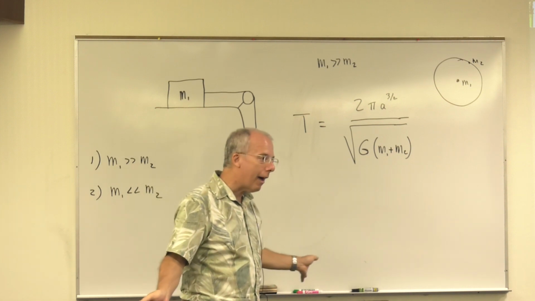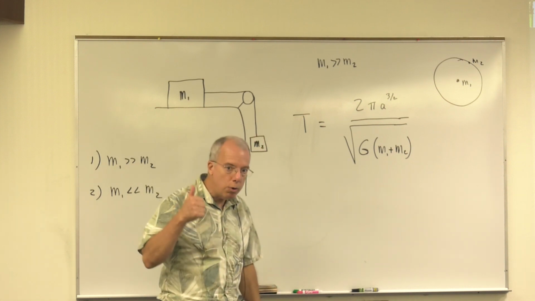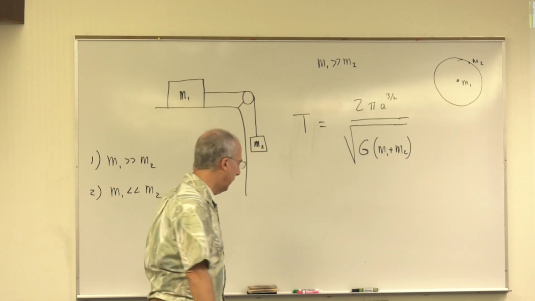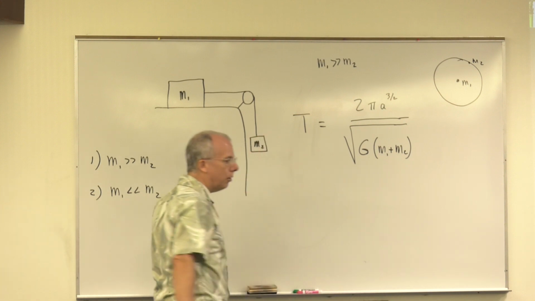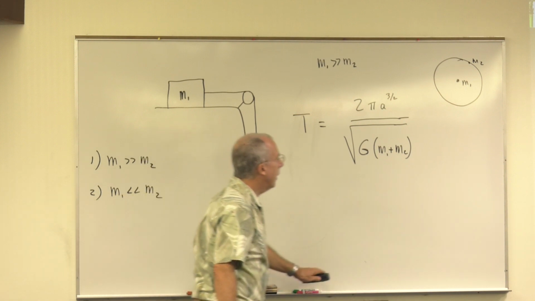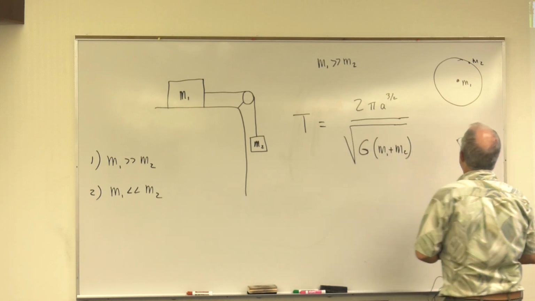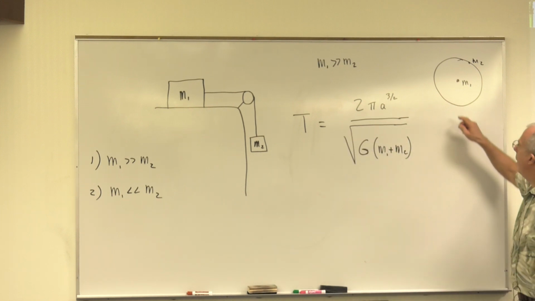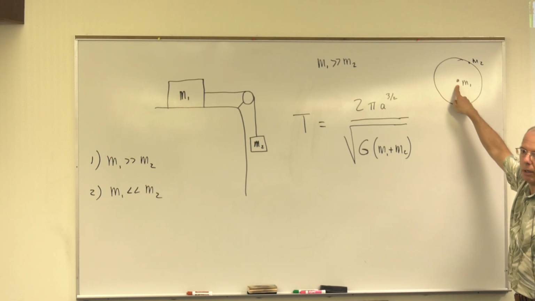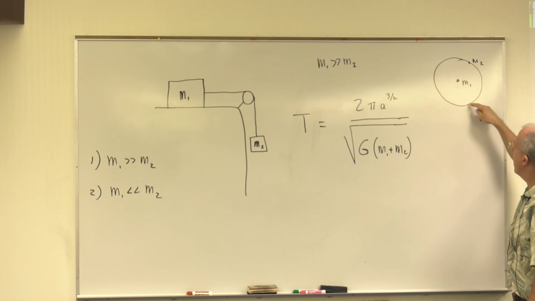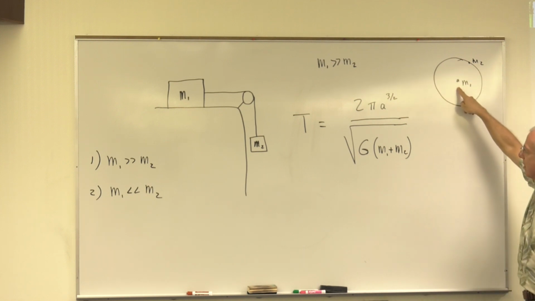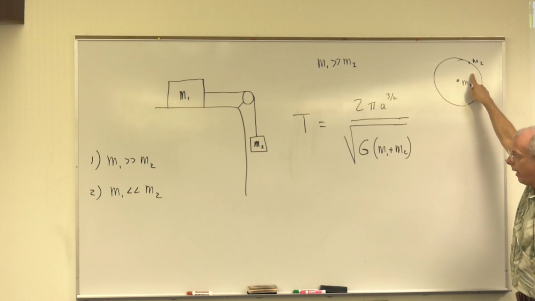All right, so that's all fine and good, but now we want to prove it mathematically. I'm just going to give you an example so you know how to do it. In astronomy, we often have a situation where a star is being orbited by a planet. So M1 is the star, M2 is the planet.